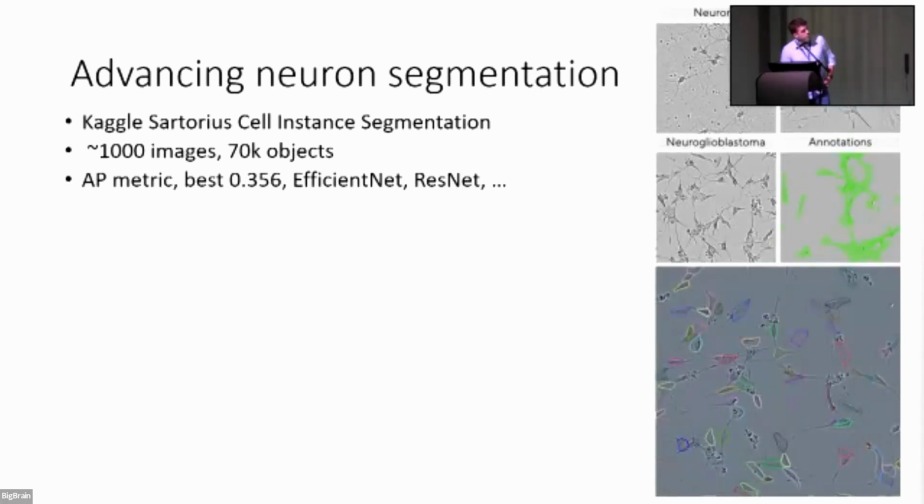Recently, we were working on advancing our neuron segmentation, with one of the ideas being that the recent Sartorius cell instance segmentation competition on Kaggle had the same task that people compete against each other on. The average precision metric was about 0.35, which is not the best. The winners made a crazy ensemble of different deep learning methodologies, and these are their results.